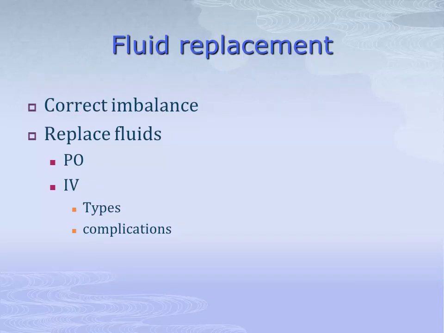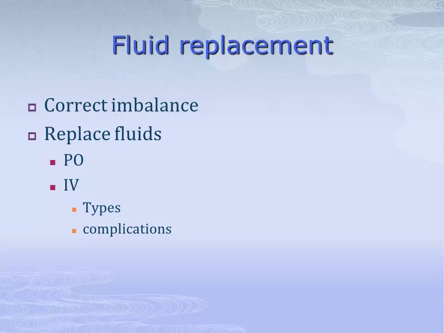Now, if we're going to correct that fluid volume deficit, the first thing we want to do, if possible, the best way is to use PO replacement. Get the patient to drink. Not always feasible. So the next best thing is IV.